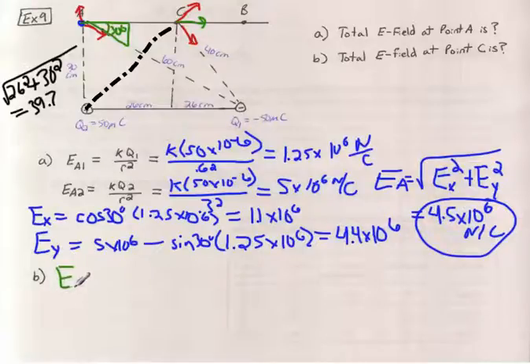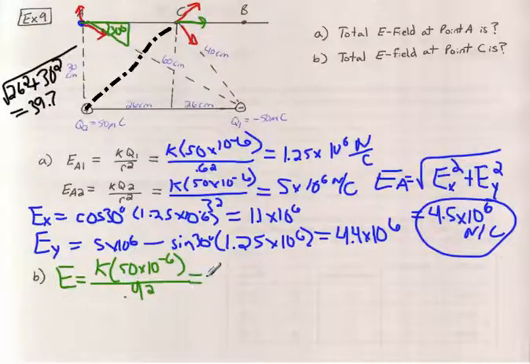For either one of them, the overall magnitude is going to be k, 9 times 10 to the 9th, times q. Don't we even already have it? Only thing that's different is the radius, so we're going 0.4 for either one, right? So if you do that, you get 2.8 times 10 to the 6th. Okay? So there's the overall magnitude of either one. We just want their x components and then double that.